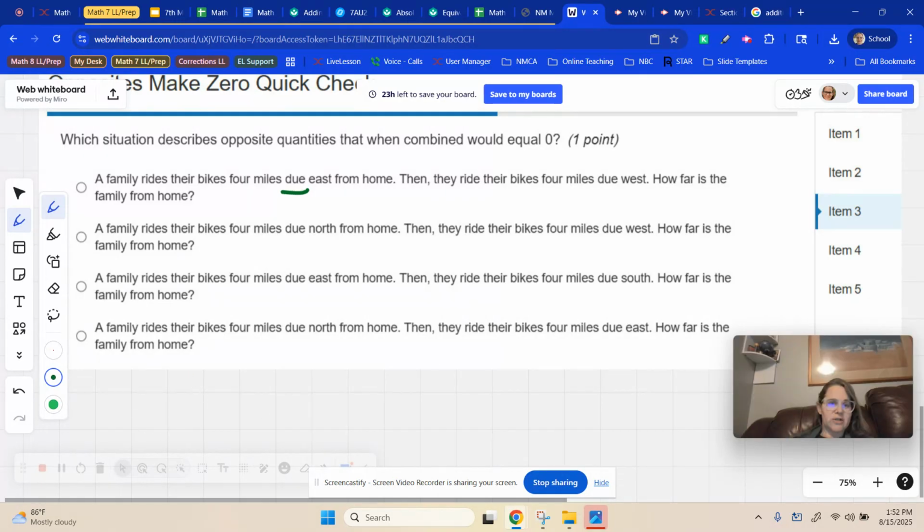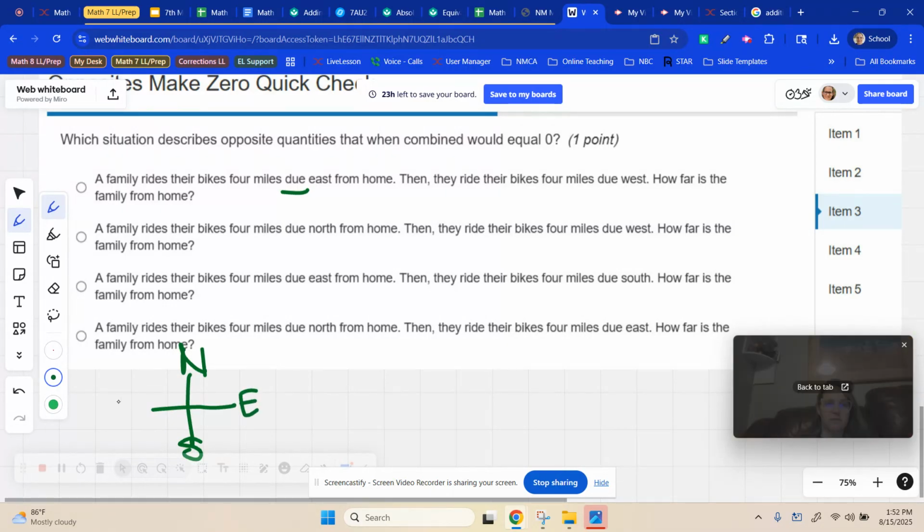So I'm gonna draw myself a little compass. East and west. And then let's just try to draw some of these little scenarios. So in the first one, they go from the start, this is where their house is. They go 4 miles east.